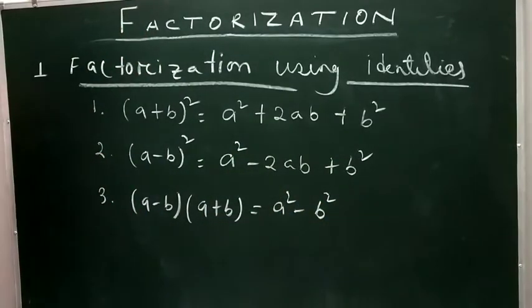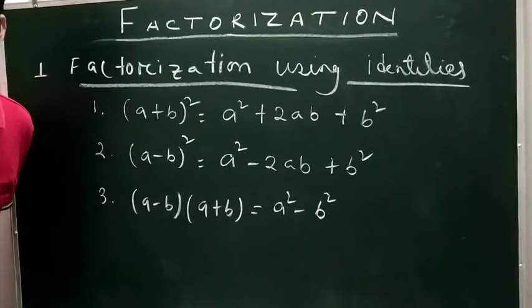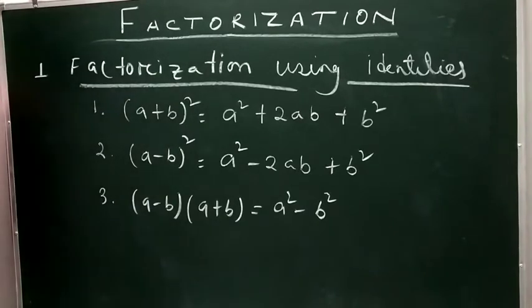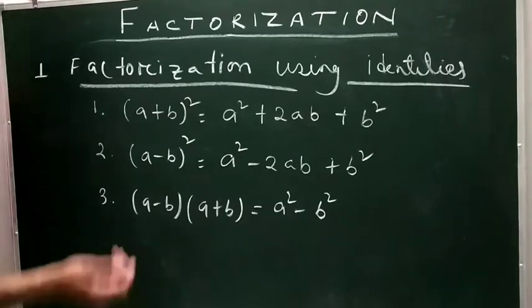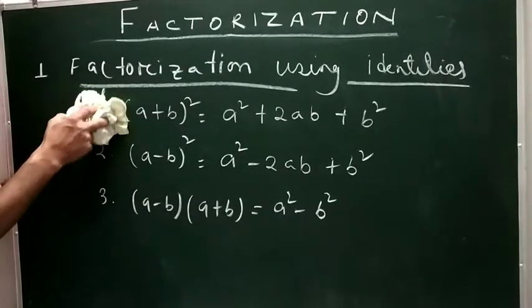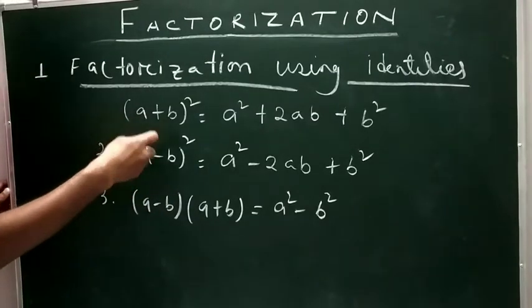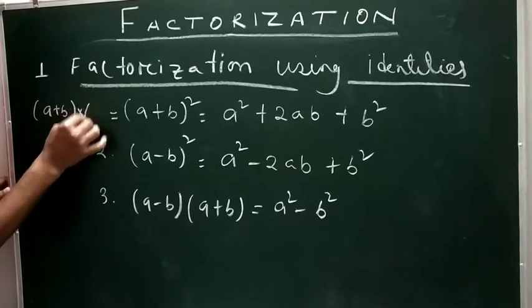Now, what does factorization mean? Factorization means writing an algebraic expression as the product of two algebraic terms. If we move to the first part, what do we observe? (a + b) whole square can be written as (a + b) multiplied with (a + b).